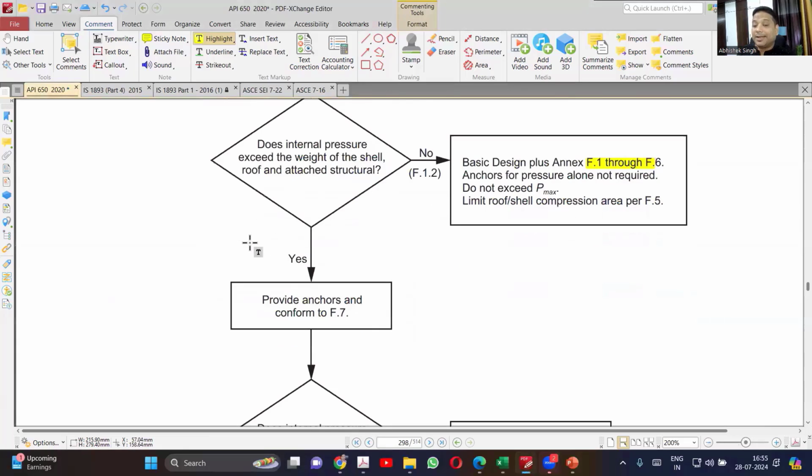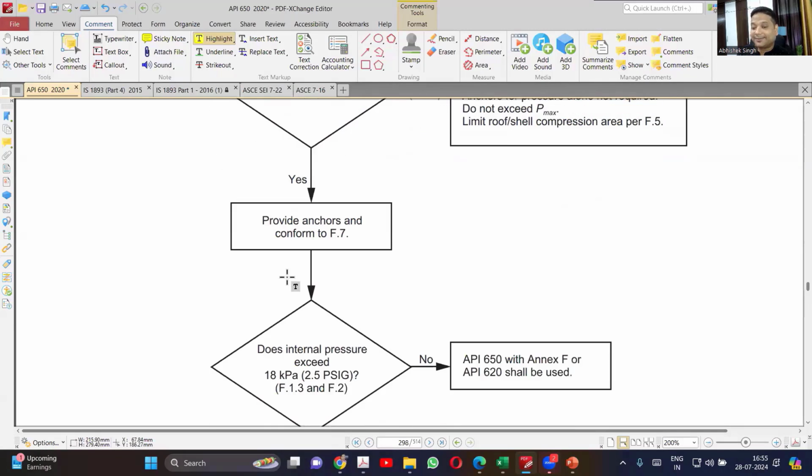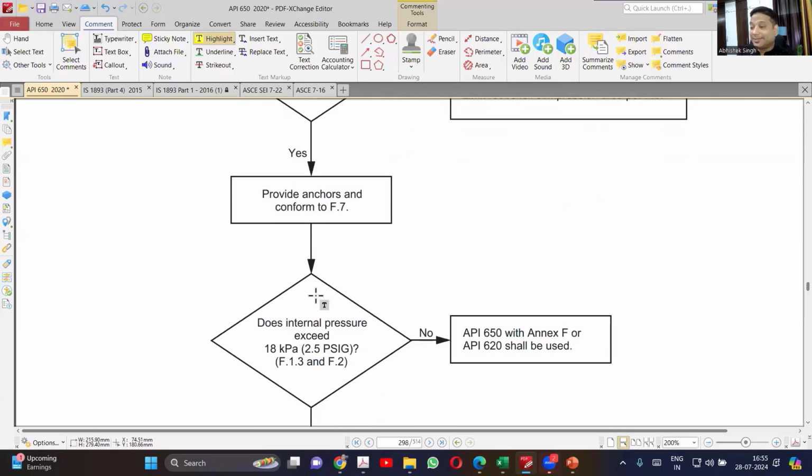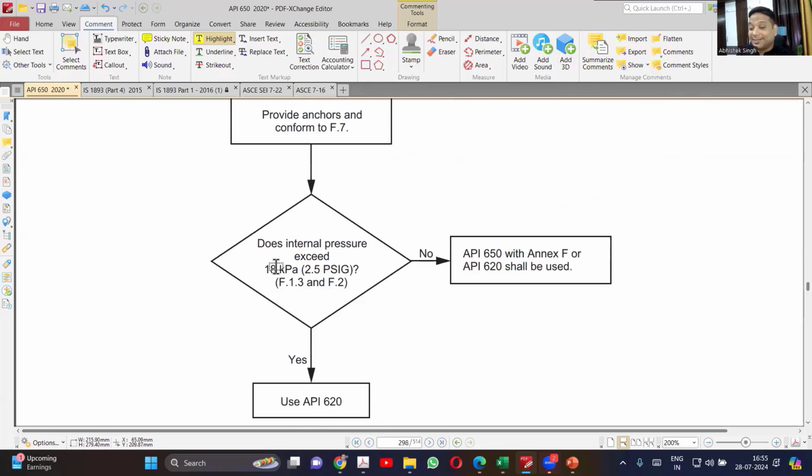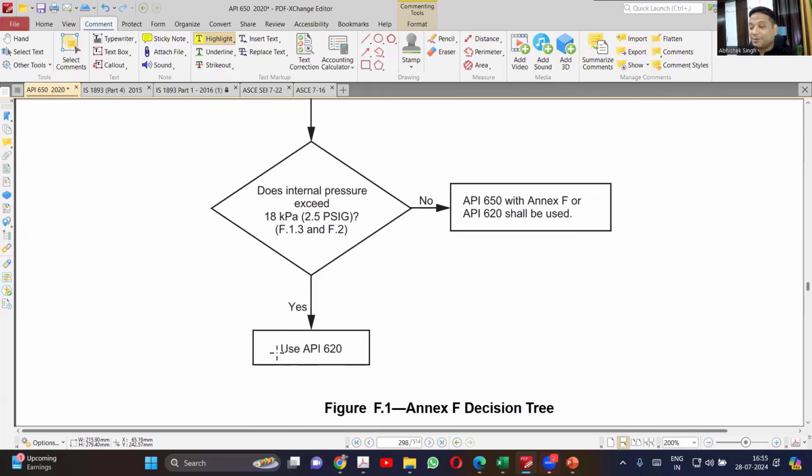If the answer is yes, if it is exceeding even the weight of the shell and the attachment plus roof, in that case you'll be checking whether the internal pressure exceeds 18 kPa, because that is the limit of API 650. If your answer is yes for this also, then it says go to 620.